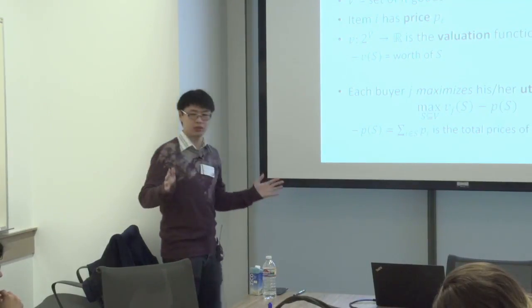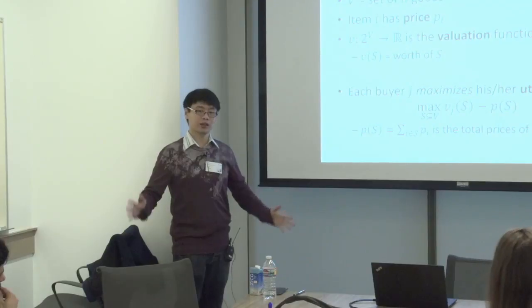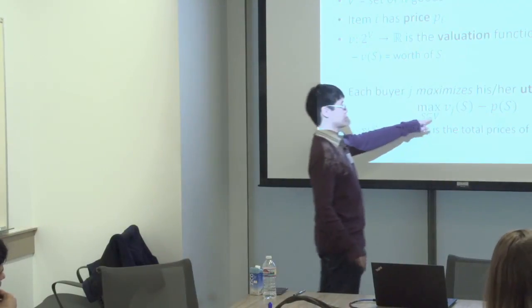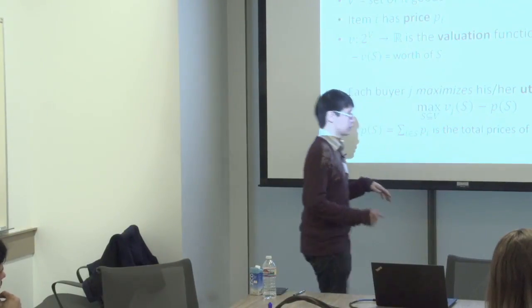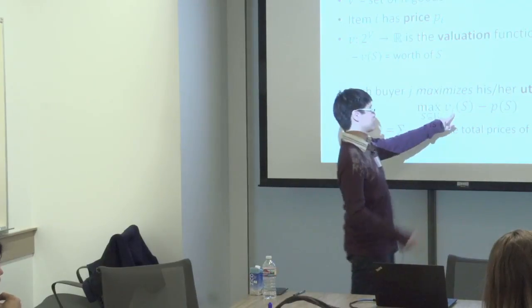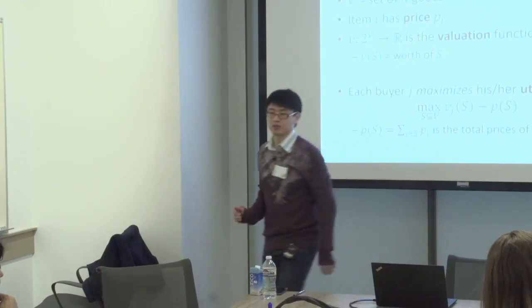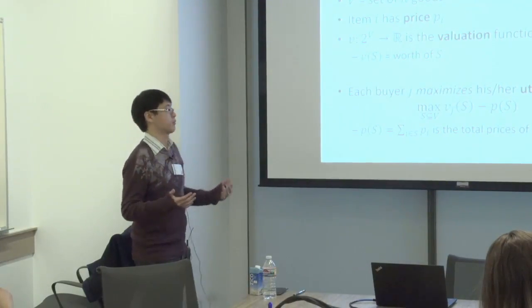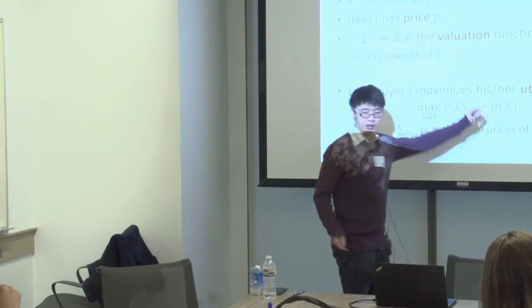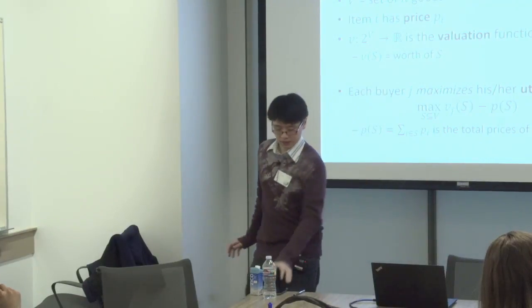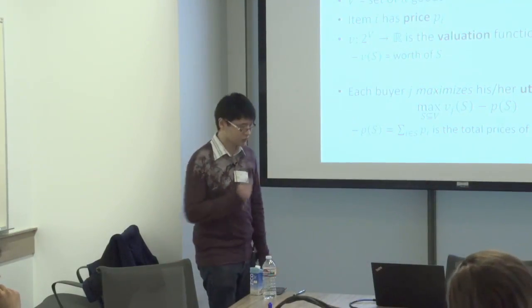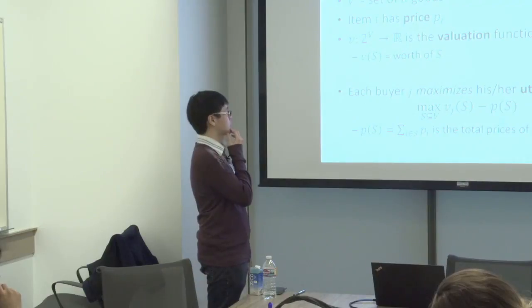And finally, given prices on all the items, a buyer is just going to maximize his utility, which is defined by the valuation minus the prices of the items. So we can't assume the valuation and the prices are on the same unit. So this is the setting.